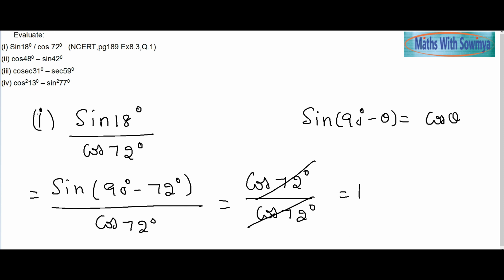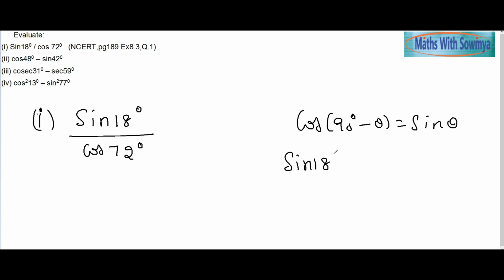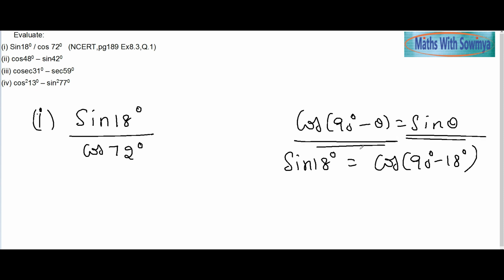One more method we can use. We know that cos of 90 degrees minus theta is sin theta. Here we have sin 18 degrees, which I can write as cos of 90 degrees minus 18 degrees, because sin theta can be written as cos of 90 degrees minus theta.